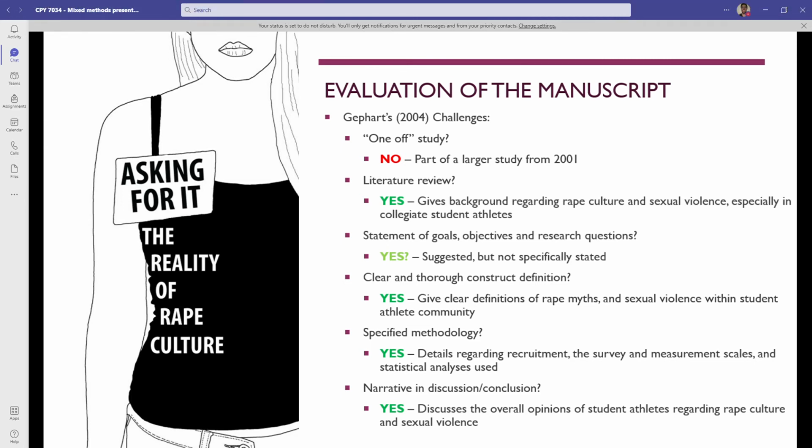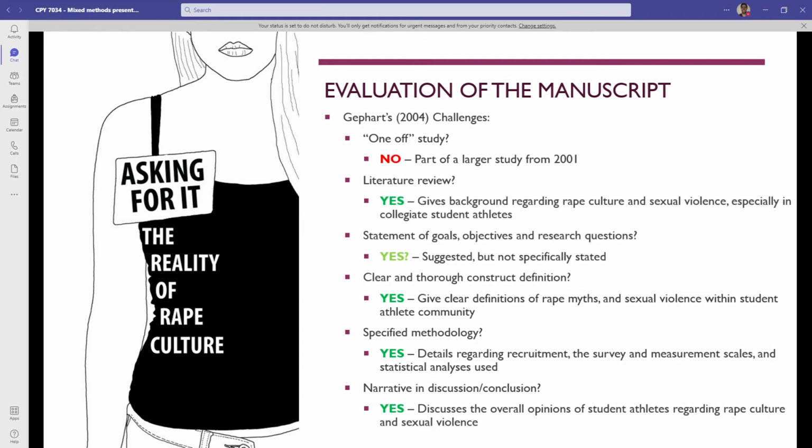There was an extensive literature review where there was background regarding rape culture and sexual violence, specifically among collegiate student athletes. There was a suggested goal and objective and research questions from within this article. However, it was more hinted at but not specifically outlined. There was a clear and thorough construction of definitions, such as around rape myths and sexual violence within the student athlete community.